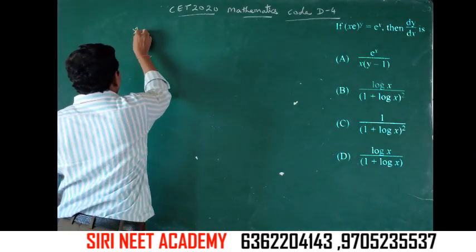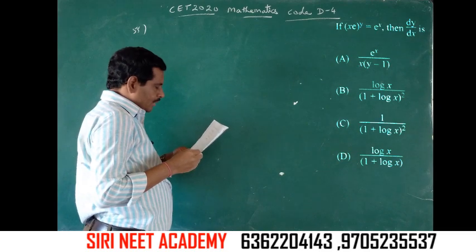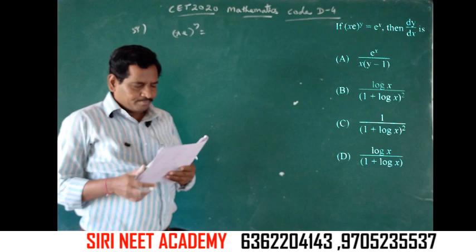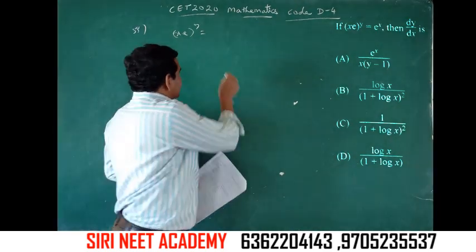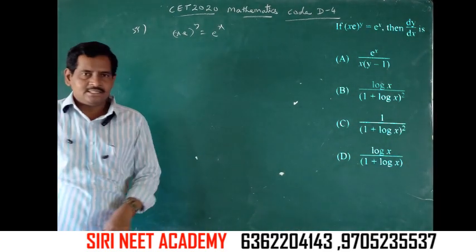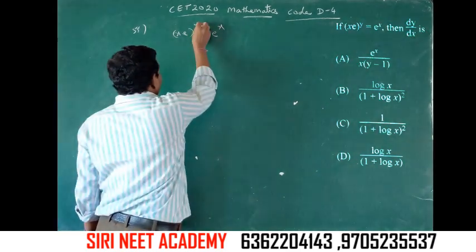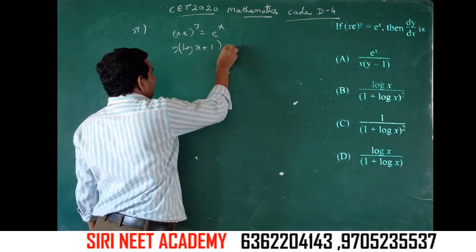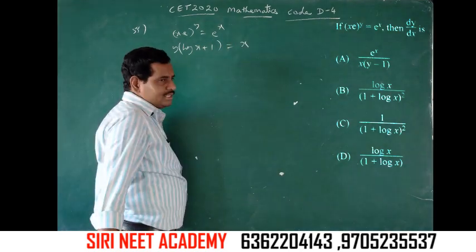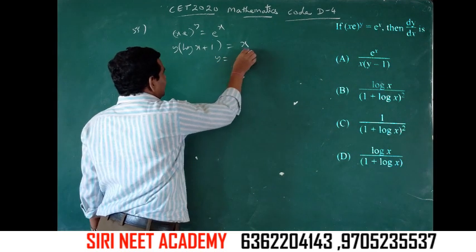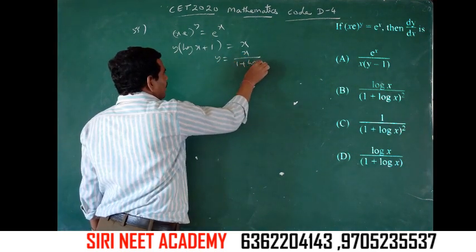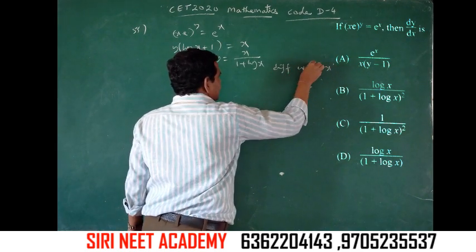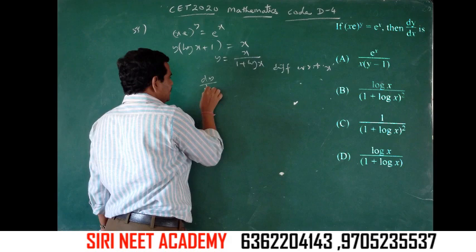55. If x into e whole power y is equal to e power x, then what about dy by dx? First operating logarithm. Then y into log x plus log e base e is 1, x into log e base e is 1. So that y is equal to x by 1 plus log x. Now differentiating with respect to x, dy by dx.